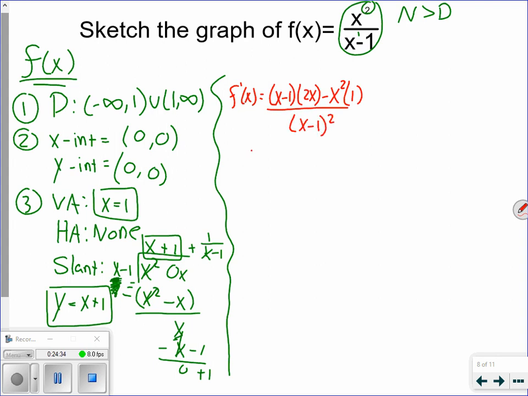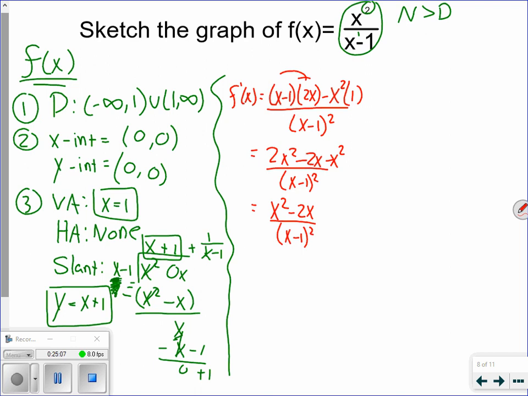And I think it's a good idea to simplify this before we set it equal to 0. So if I distribute, I get 2x squared minus 2x minus x squared, all over x minus 1 squared. And this simplifies on top to x squared minus 2x, all over x minus 1 squared.